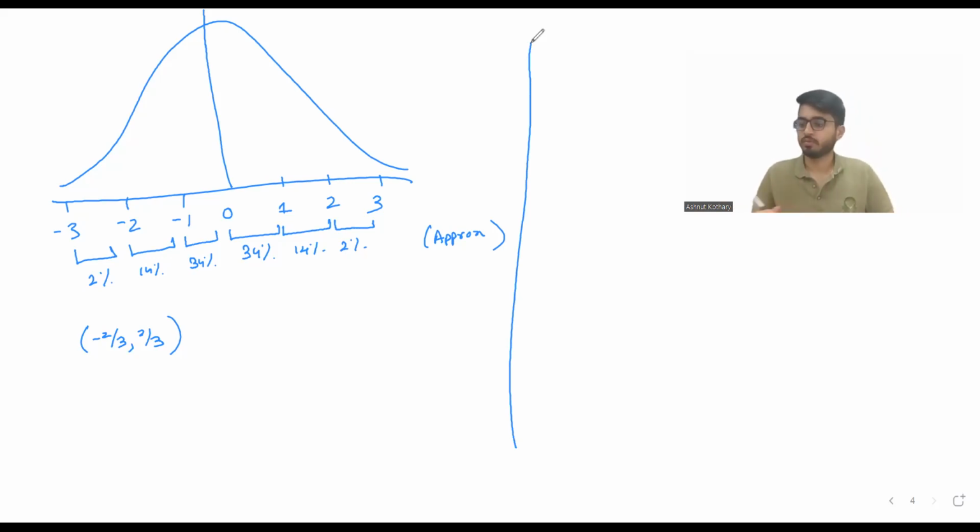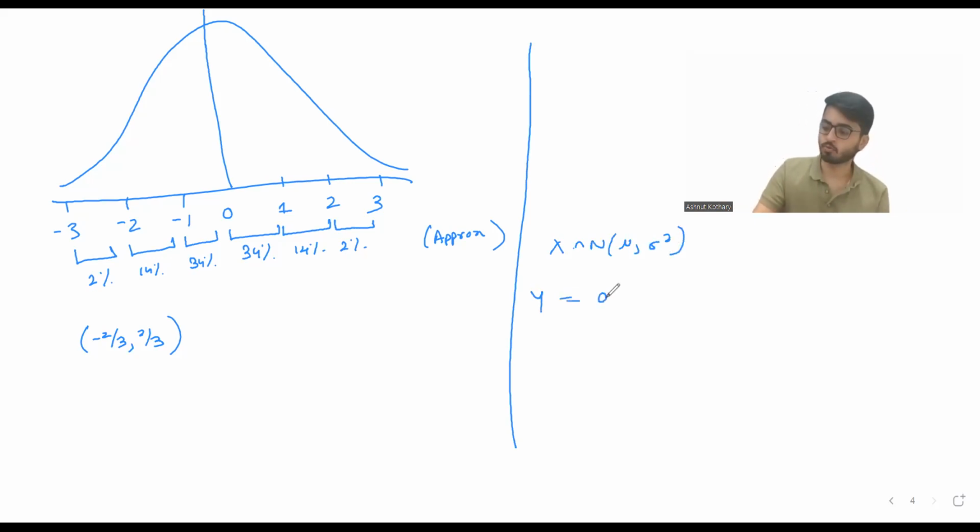Now, the property to begin with: if X is a normal distribution with parameters mu, sigma square, and I define a random variable Y to be nothing but aX plus b, then Y is also a normal distribution.